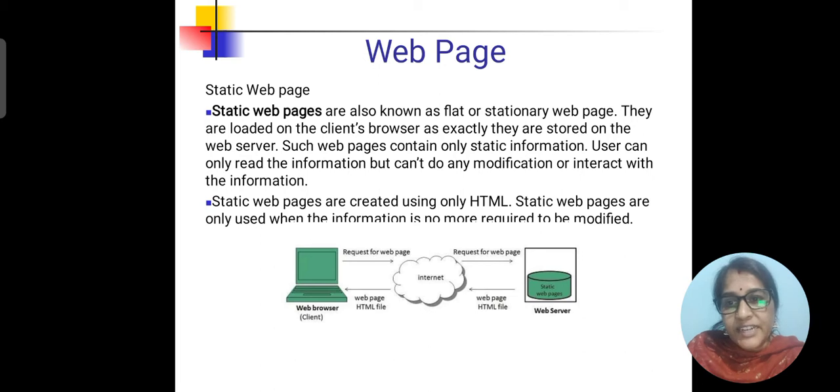Users can only read the information but cannot modify or interact with it. Static web pages are created using only HTML. They are used when the information does not need to be modified often. In this slide we have a figure of client and web server.